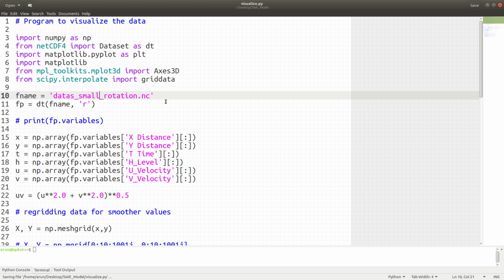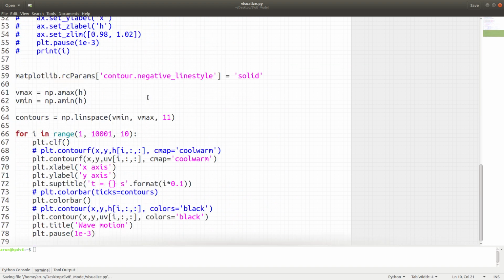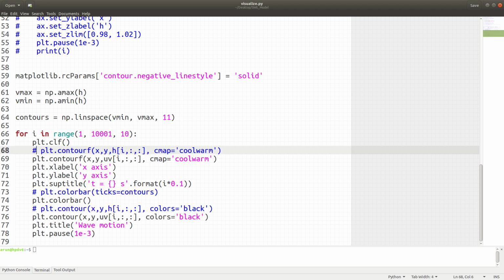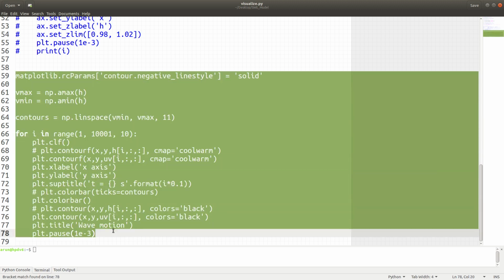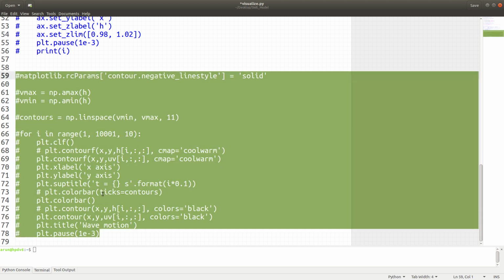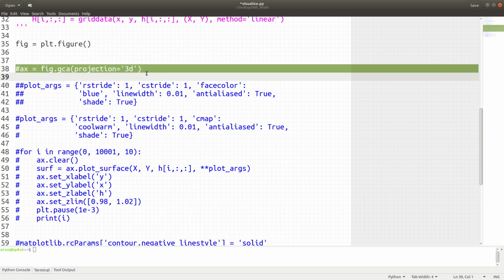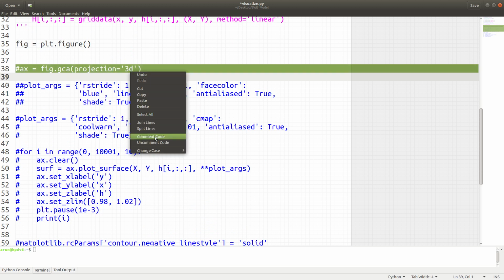Now what I'm going to do is set this to small rotation again, and comment out these lines. Instead of commenting, comment out these codes, and then uncomment these lines.